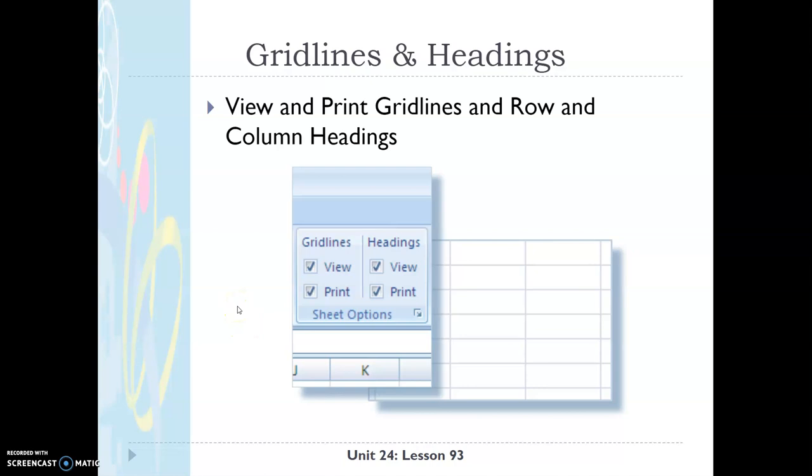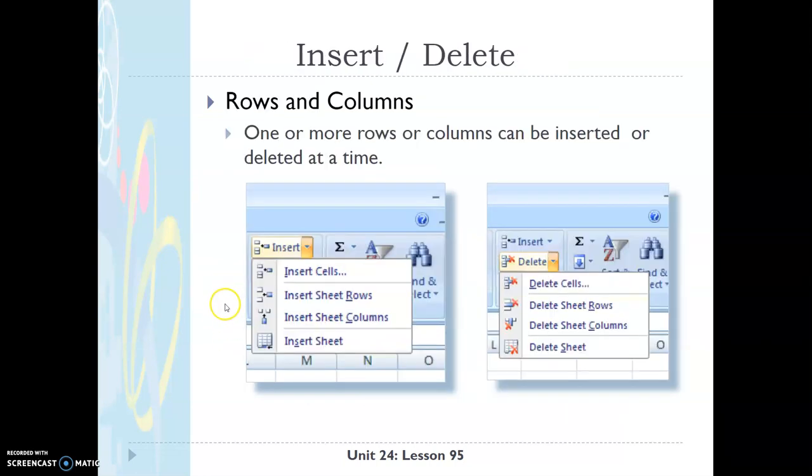Now within the spreadsheet itself, the workbook, you can also make it so that the different cells have grid lines. Sometimes this can be helpful when it's drawing the reader's attention to the different data or any of the information that's presented in the worksheet. You can choose to either view the headings or not view the headings, view the grid lines or not view the grid lines, and those are indicated by check boxes in our ribbon.